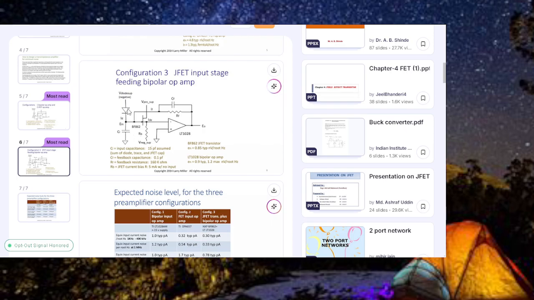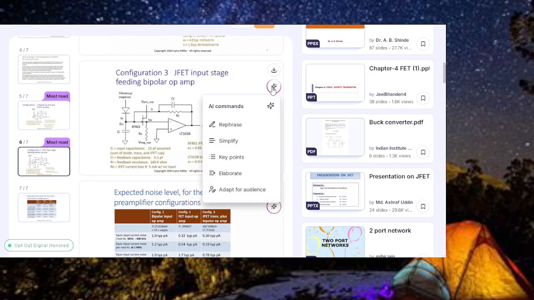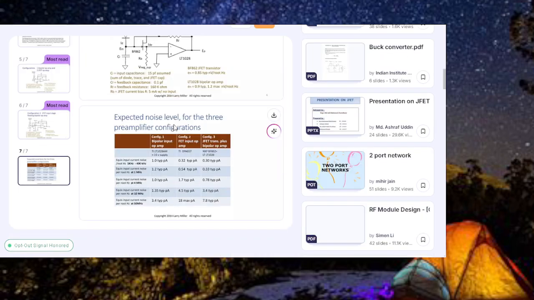This is a photodiode. I don't know what this thing says here. V diode something. ID. Oh, it wants to be a stinker, don't it? Configuration 3.